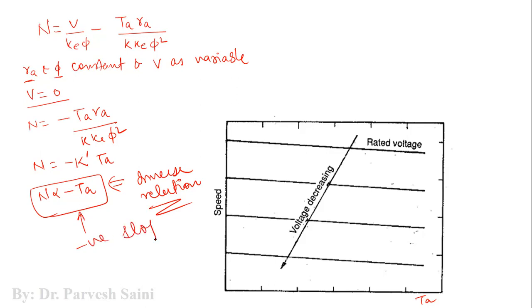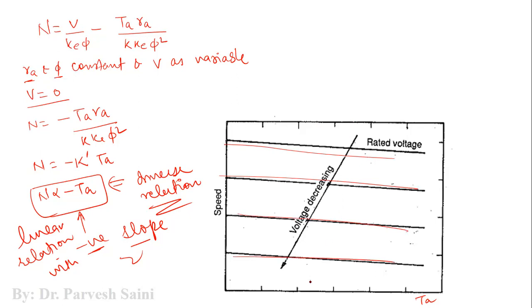It is a linear relationship with negative slope. Here the voltage is decreasing, so let us increase the voltage. Let us say V is 10 volt, for example.